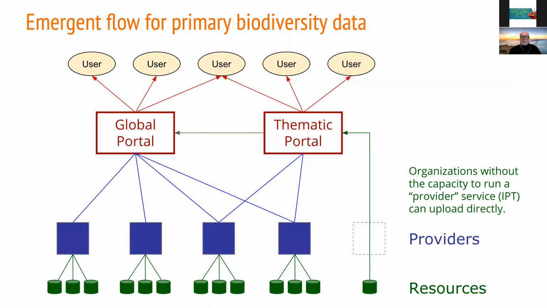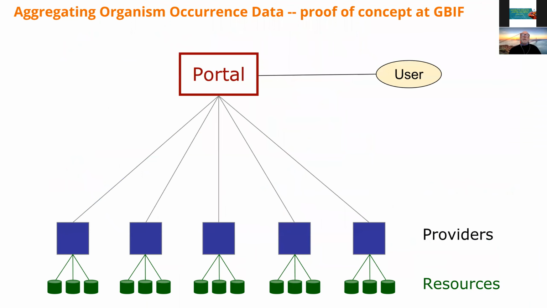But let me go back to this diagram. I talked about this space up in here above, touching on the blue boxes up here as being part of the standard. But in fact, if you had only one portal, this organization would dictate what that standard is. So the standard would be put out by GBIF, but GBIF didn't want to claim that it had to be the only portal.